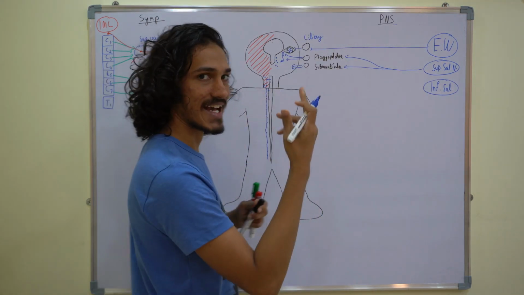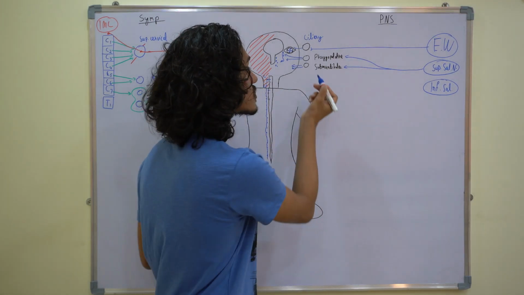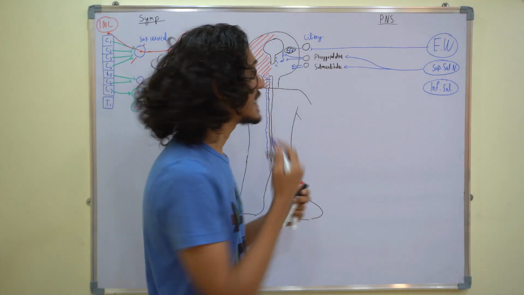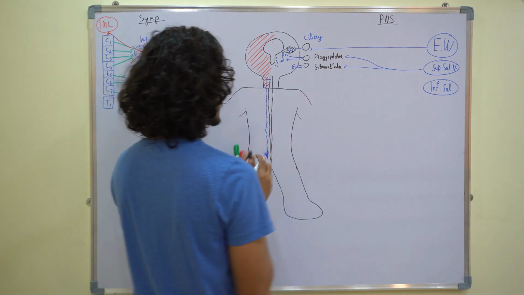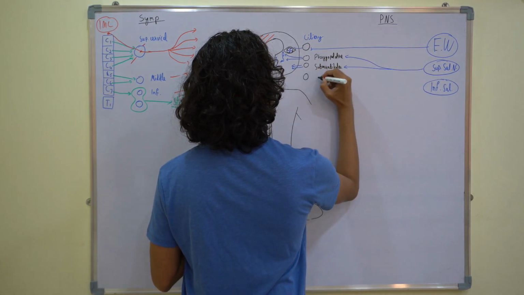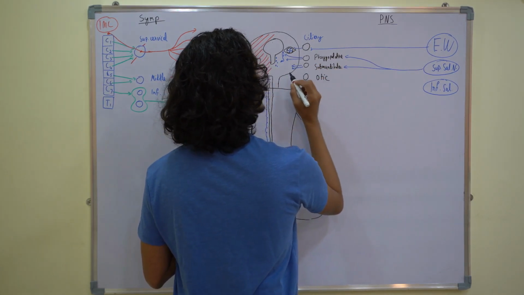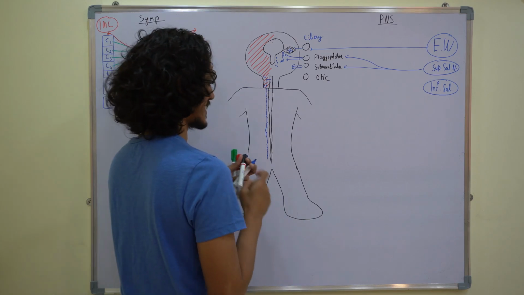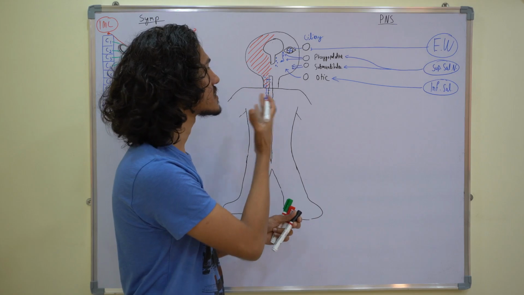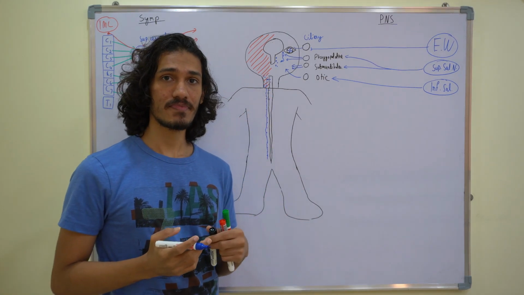Superior gives lacrimation as well as salivation through submandibular and sublingual, while the inferior salivatory nucleus is going to supply your otic ganglia, and from the otic ganglia, it is going to supply your parotid gland.